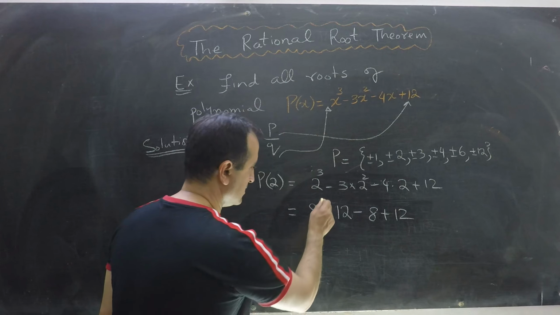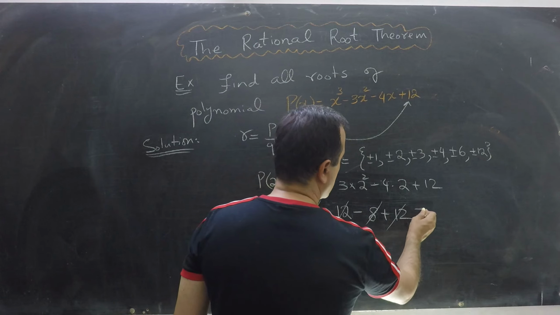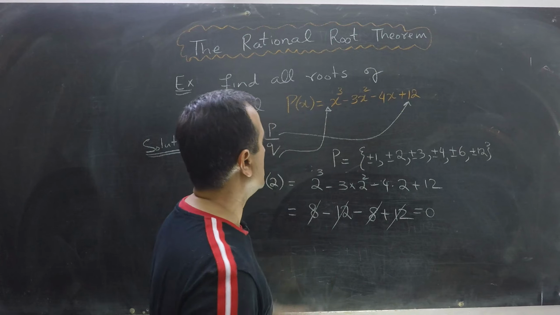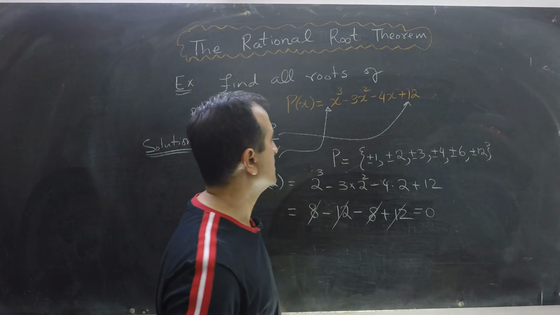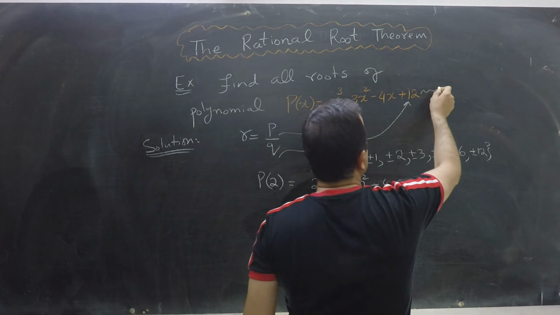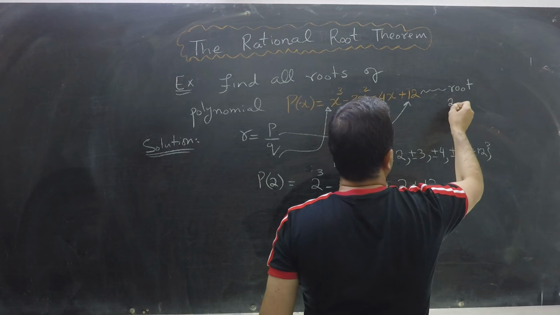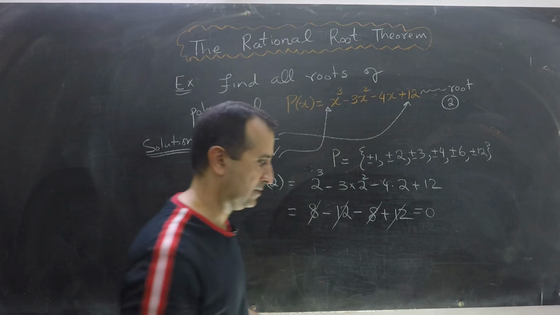Here these two cancel with each other and these two cancel with each other. So my answer is 0. That means I am able to find a root of this polynomial, which is equal to 2. So I have found a root using the rational root theorem and my root is 2. Now I'm going to use this root to find the rest of the roots.